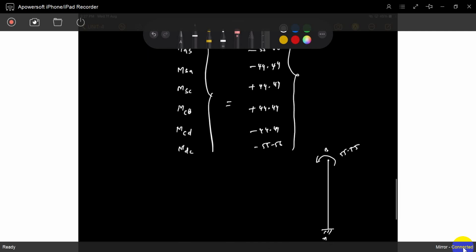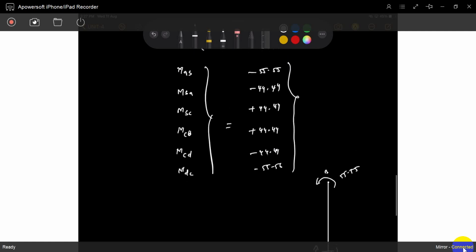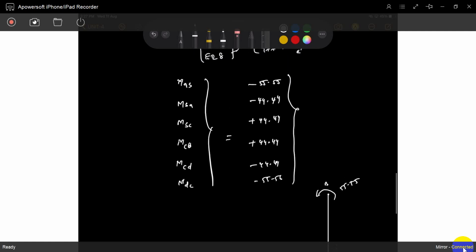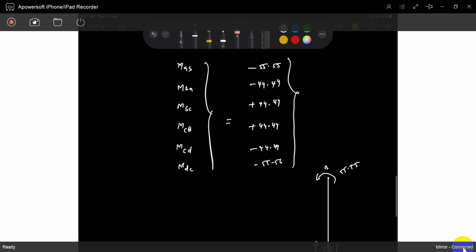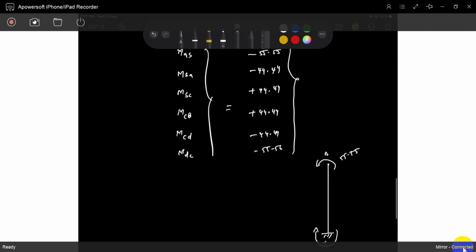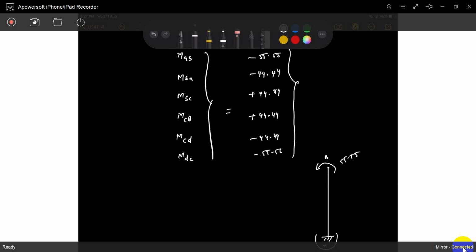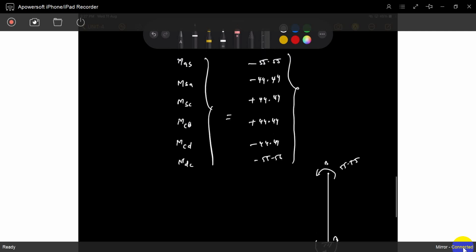This is also anti-clockwise. Both are negative, na? Both are negative. So see, this is negative. Okay, see, it will get.